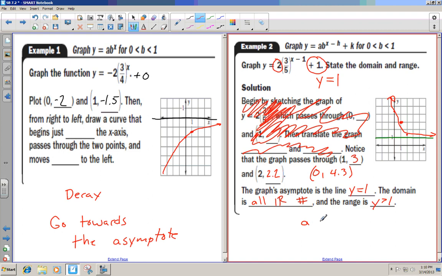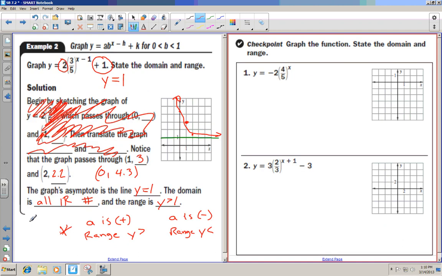If a is positive, the range is y greater than the asymptote. If a is negative, then the range is y less than the asymptote. So put these in your notes as a reminder to help you for later. So let's keep moving here. Here are some checkpoints on your note-taking guides.